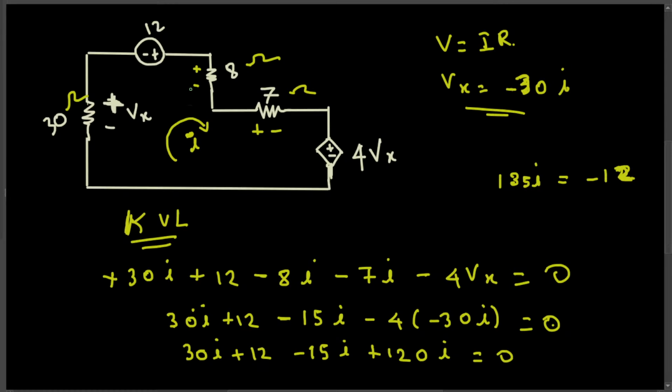Minus to plus 12 voltage, and plus to minus, that is minus 8i, and then plus to minus 7i, and then plus to minus is minus 4Vx, that's equal to 0. 30i plus 12 minus 8 minus 7, that is minus 15i, and then here we have minus 4, and instead of Vx we plugged in minus 30i, and here we have 30i again, plus 12 minus 15i, minus minus became plus 120i.